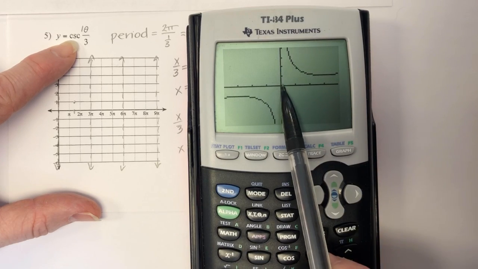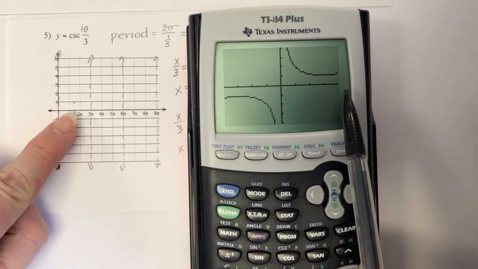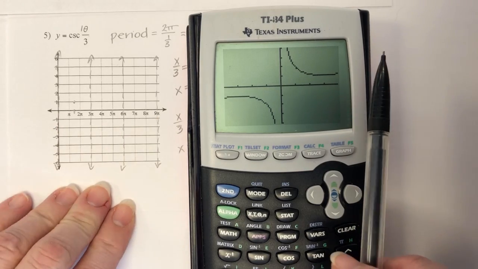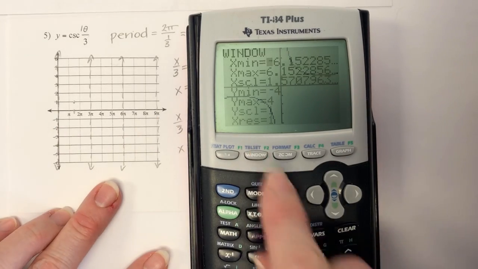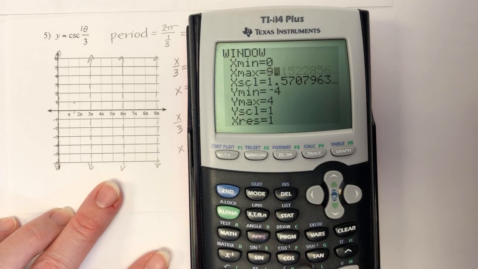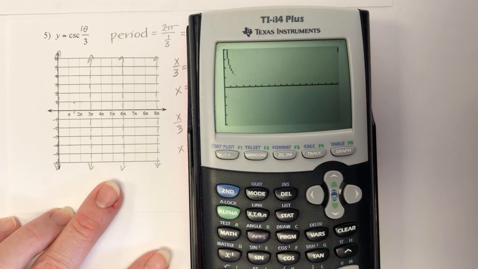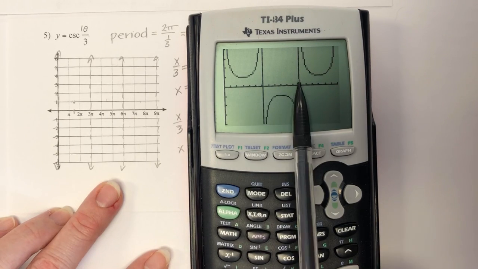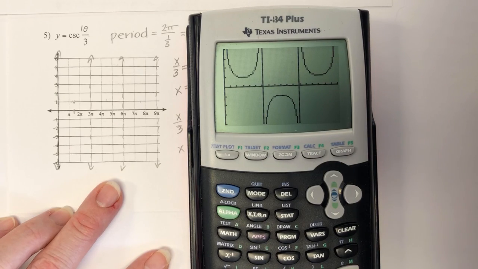So up here, this is only 0 to 2 pi, versus on my paper, this is going from 0 to 9 pi. So just so that I can see the whole thing under my window, I'm going to change this, and I'm going to go from 0 to 9 pi so that I can see what the whole thing looks like. So I'm going to have 3 pieces. This will be a period and a half is what's going to happen.